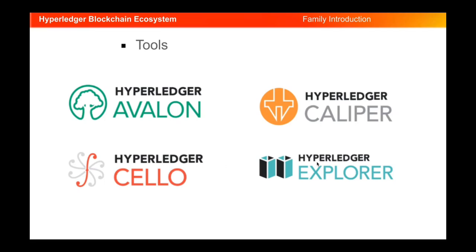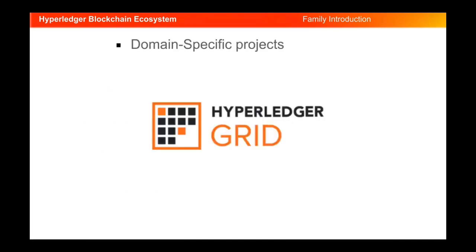This is a web app tool used to view, invoke, deploy, or query blocks or transactions and the associated data or network information. Next, we have domain-specific projects, and Hyperledger Grid is one of the domain-specific projects in the Hyperledger blockchain ecosystem. This intends to provide a reference implementation of supply chain.